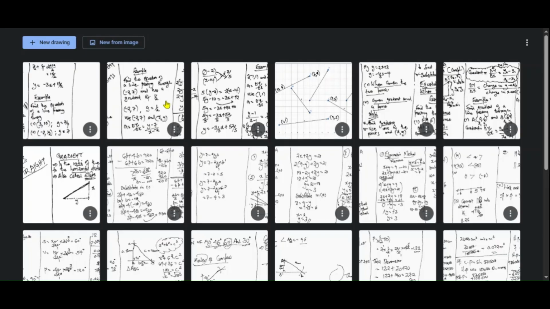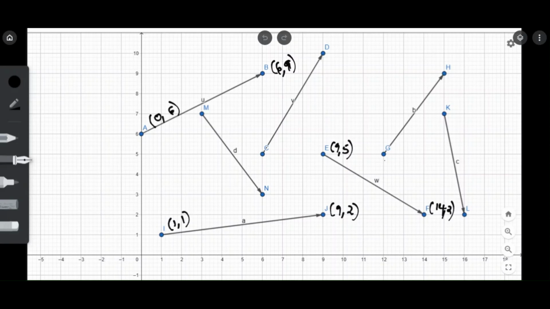You can also check this one. Could you also try to get the equation of these lines? We have line 1, this one, this line. Find the equation, not gradient, of this line together with this one and that.